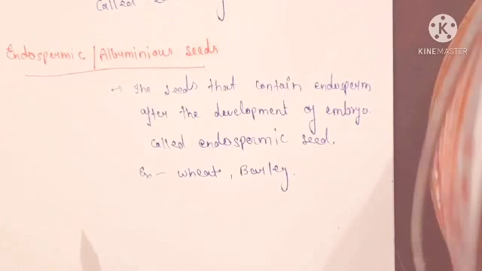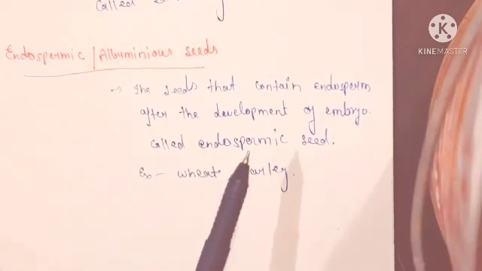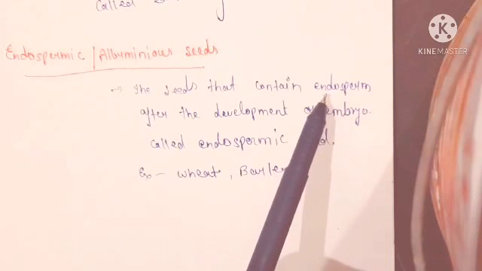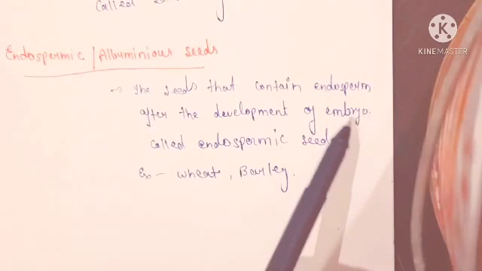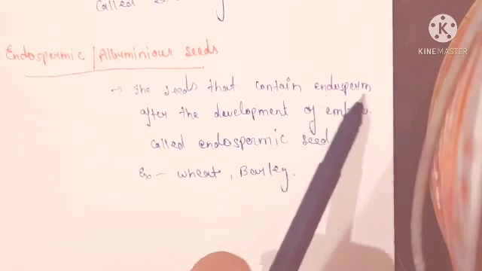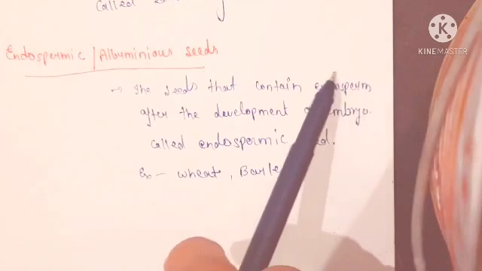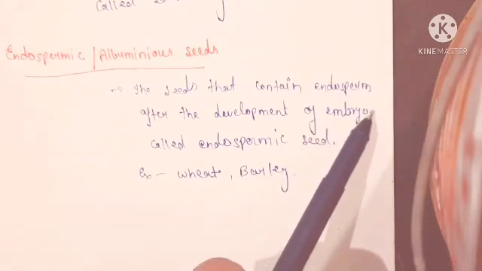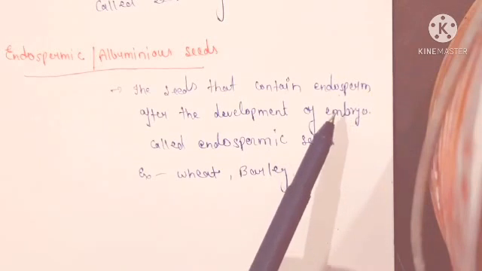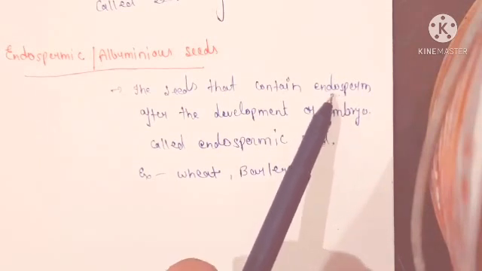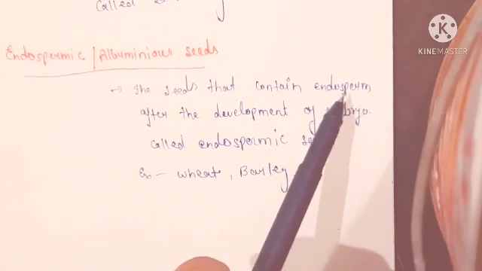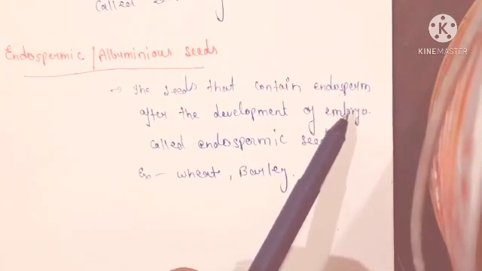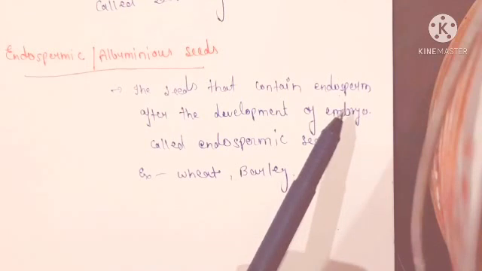So friends, what is an endospermic or albuminous seed? What is the function of endosperm? This endosperm is a nutritive tissue that provides nourishment to the developing embryo. So the embryo can take in nourishment from endosperm. When the embryo matures, this endosperm is used up, and it is all taken by the embryo as a nutrient.